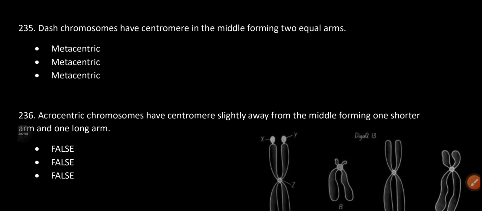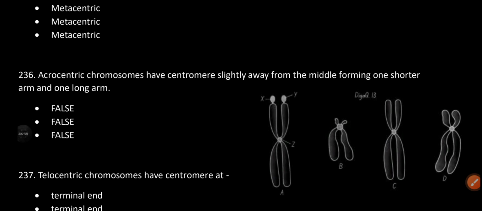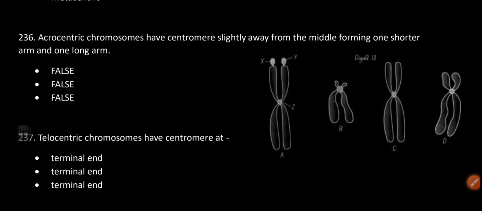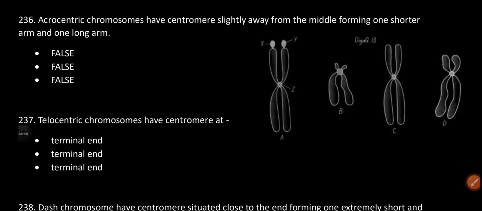Metacentric chromosomes have centromere in the middle forming two equal arms. Acrocentric chromosomes have centromere slightly away from the middle, forming one shorter arm and one long arm. False. Telocentric chromosomes have centromere at terminal end.